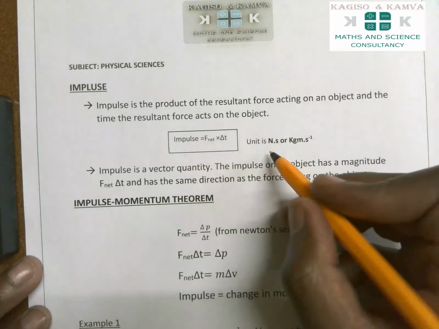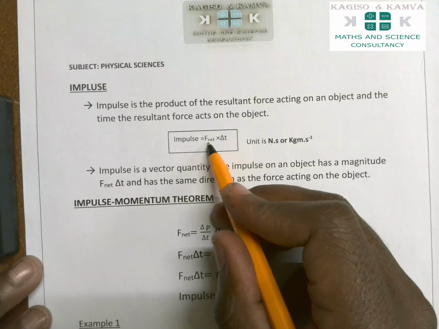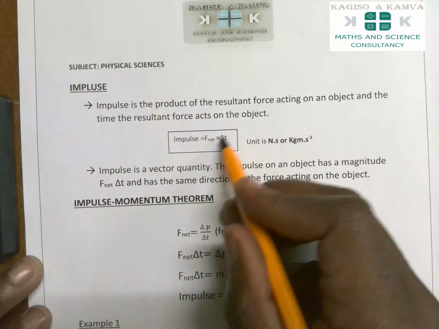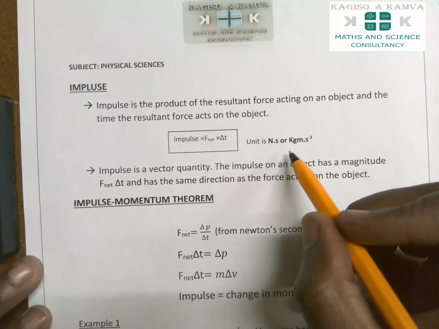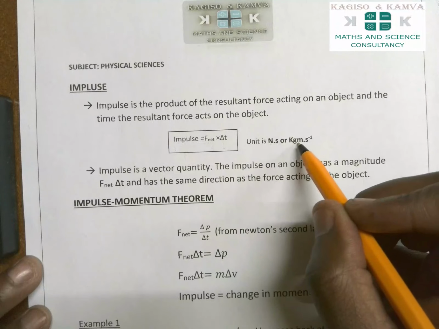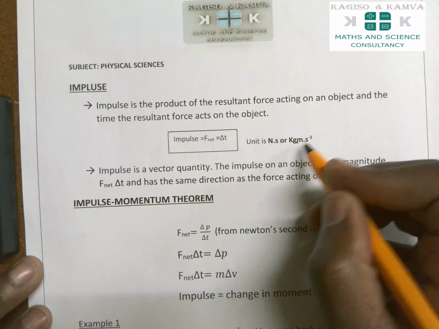The units can be newton second, meaning the unit for force is newton and the unit for time is second. But the other unit that we can use is kg meter per second. I will show you where this one comes from.